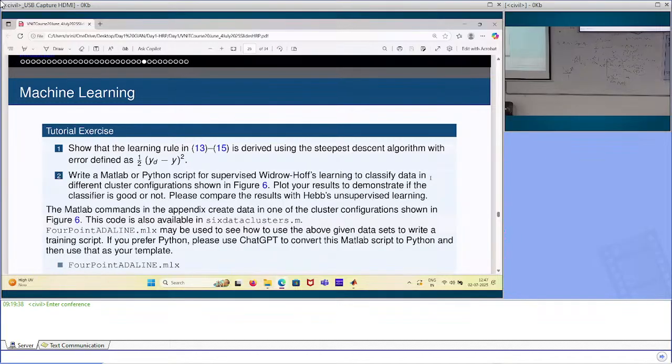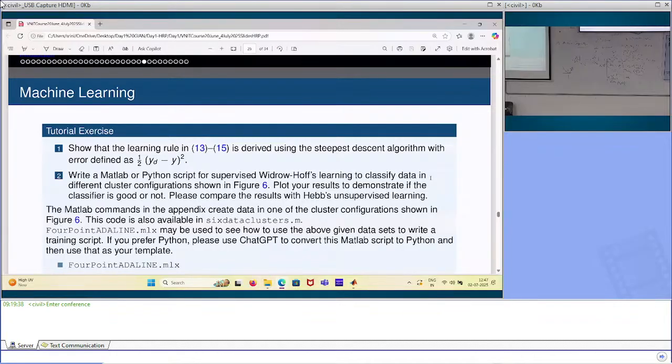They can't be changed. I need to change something to minimize. The points x1, x2 are given to you, so how will you change them? That is given data. You can't change it. So what can you change to minimize the error? Bias, yeah, or weights W1 and W2. So you have to change all these 3 things to minimize the error.